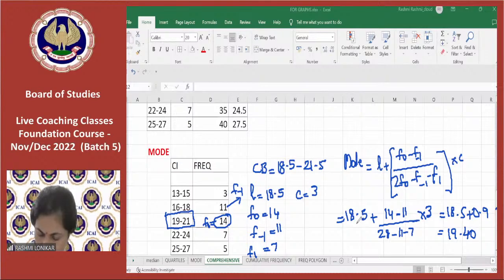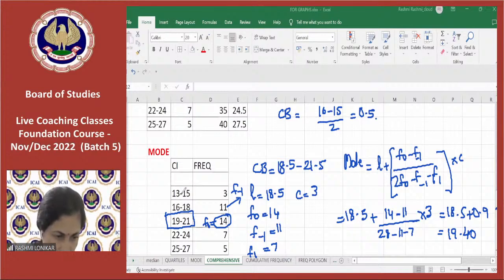Rohini. Shiva, how did you get 18.14? Zeba, how is L 18.5? Because when I want to make this continuous, if you were there for the first lecture on statistics, you will remember how I find the class boundaries. This will be equal to, what is the difference? The difference is 16 minus 15 upon 2, which is equal to 0.5.